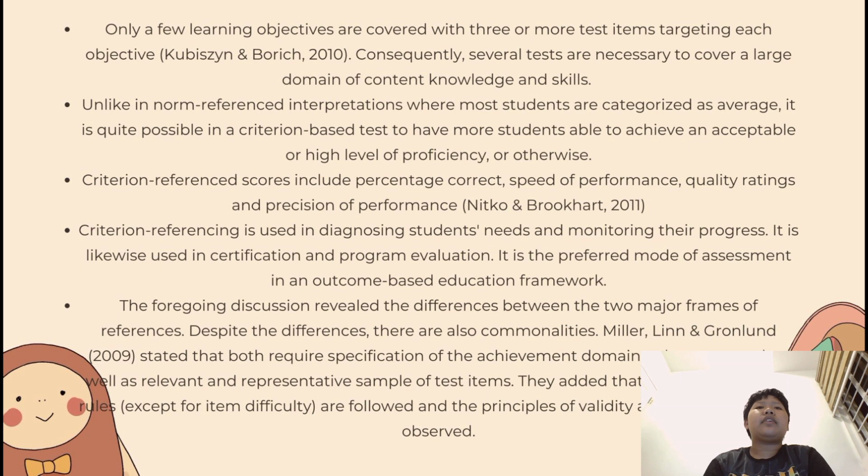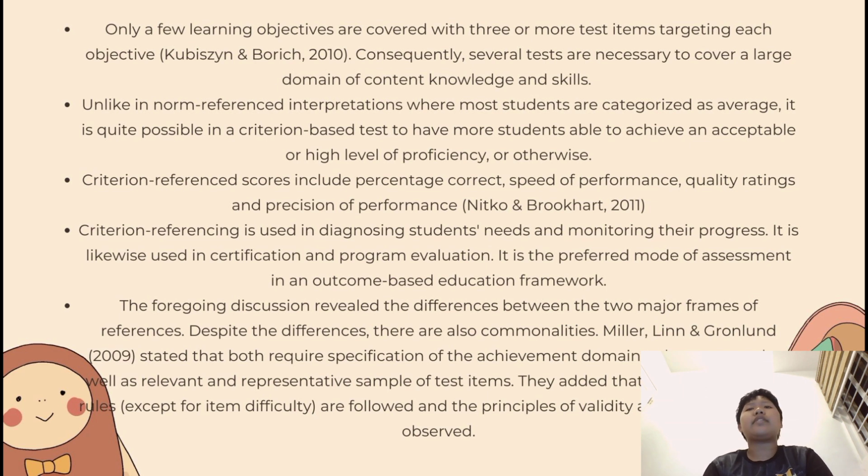Difference of NRI and CRI. Inferences regarding test takers' performance on a particular assessment can be drawn in two different ways, using norm reference and criterion reference testing. These different building techniques overlap in objectives and scoring.